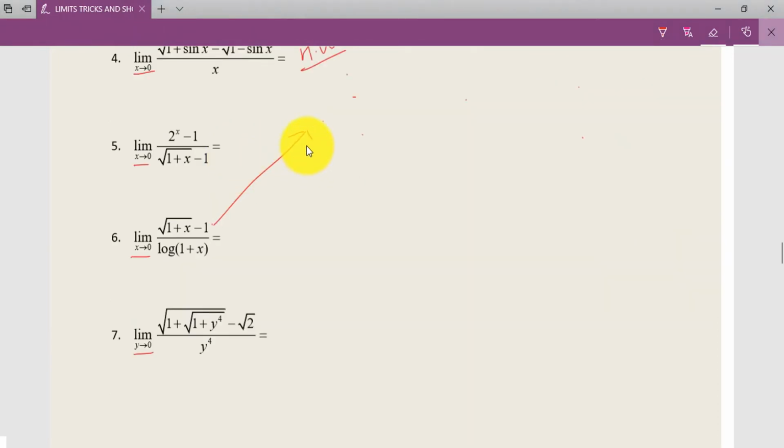Okay, let us start with the sixth problem. It is limit of x tends to 0 of (square root of 1 plus x minus 1) divided by log of 1 plus x, and I can write the numerator as (1 plus x)^(1/2) minus 1. Now by the formula, I usually do not write the limit again and again, so 1 plus 1/2 x minus 1 divided by log of 1 plus x.